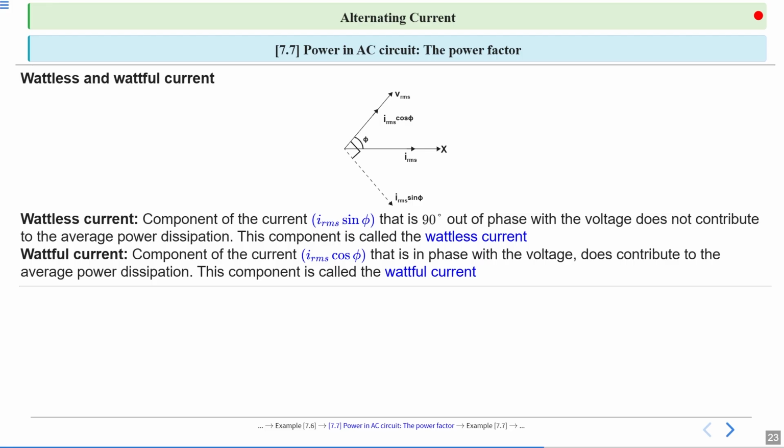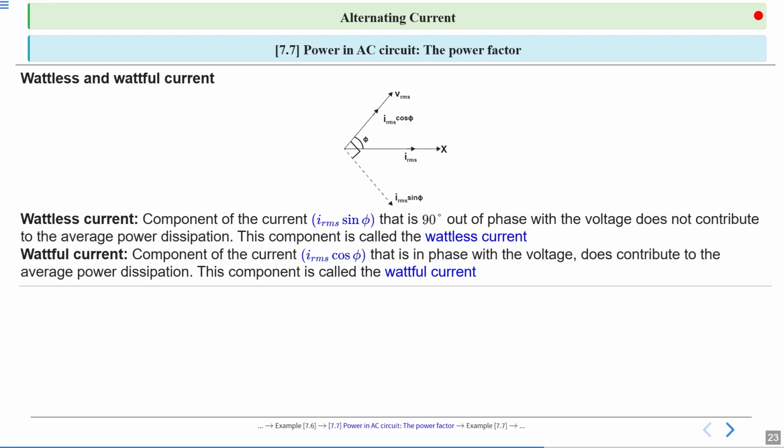Wattful current. What is wattful current? The component of current IRMS cos phi, which is in phase with voltage, which is along the voltage phasor, contributes to the average power dissipation, and this component is called wattful current. There are two components.